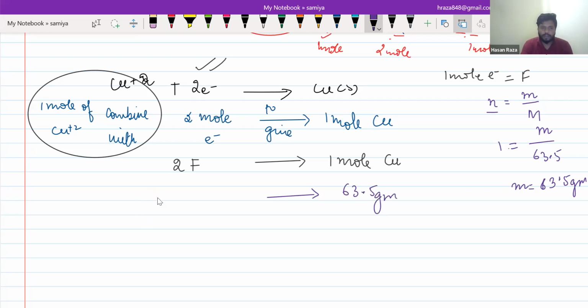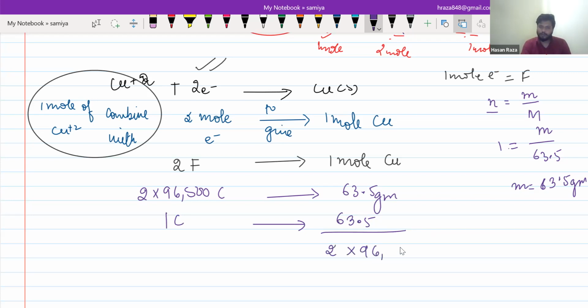And 2F, that means 2 into 96,500 coulomb. From this charge, we got 63.5 gram. So in 1 coulomb, we will get 63.5 upon 2 into 96,500 gram. Yes or no?